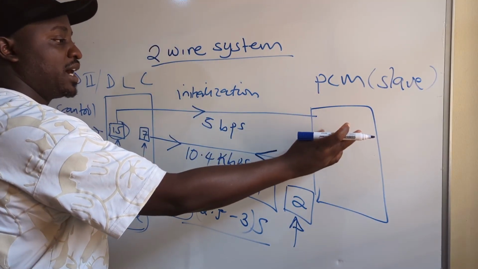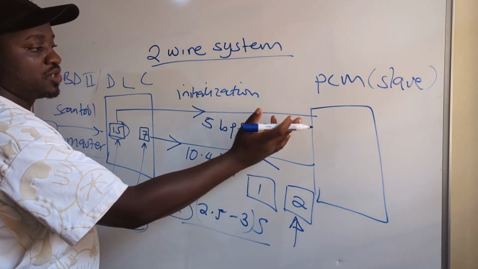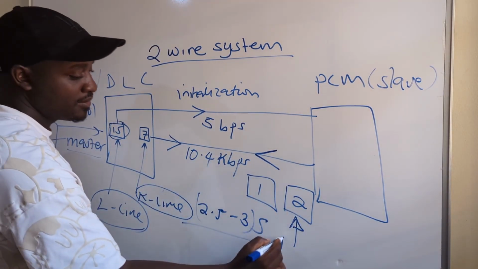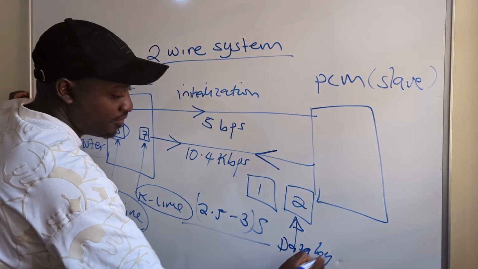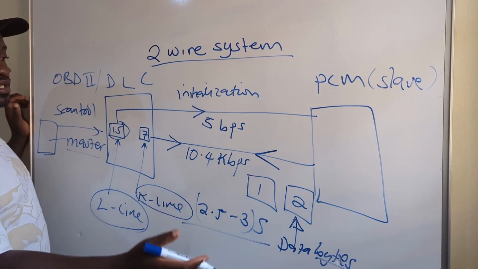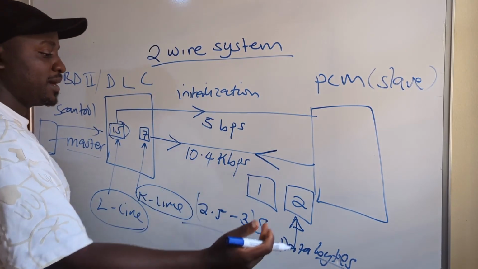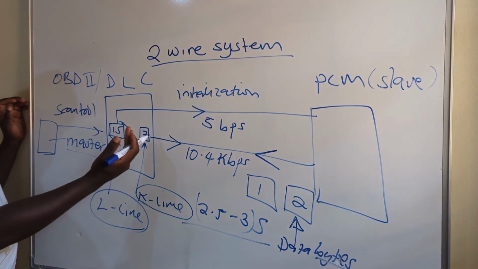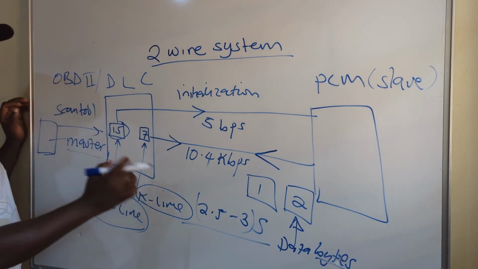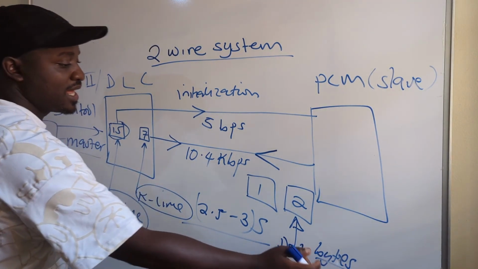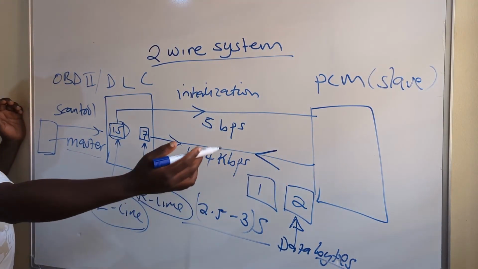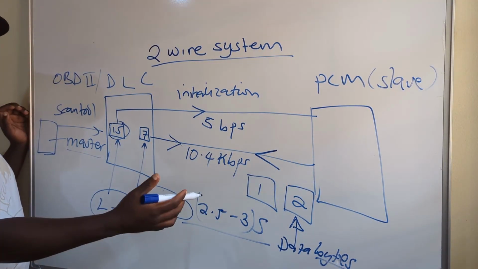Now the PCM will acknowledge that it has received that initialization code and will send 2 data bytes. Remember, a byte is a group of 8 bits. So it will send 2 data bytes, and the master, which is the scan tool, will invert one of the data bytes and send it back to the PCM to complete the initialization process.